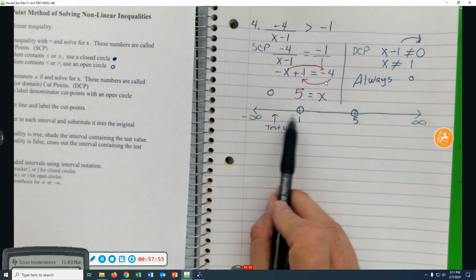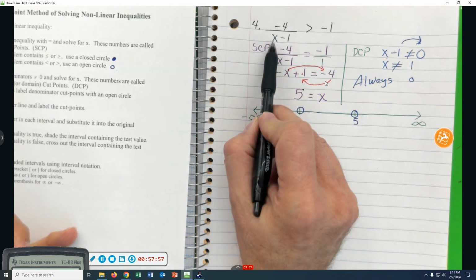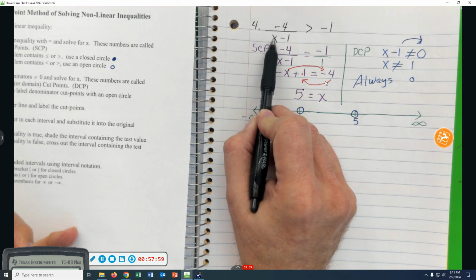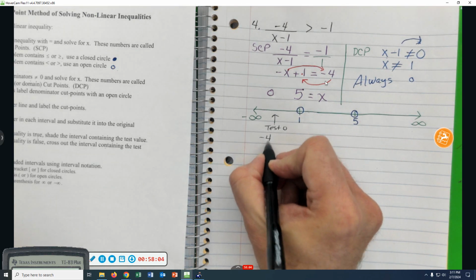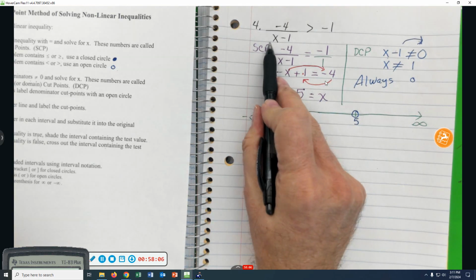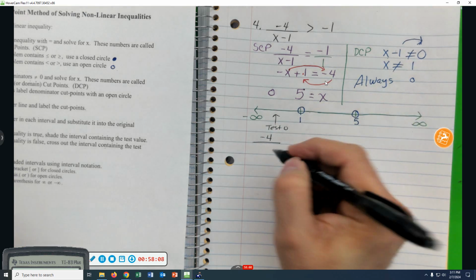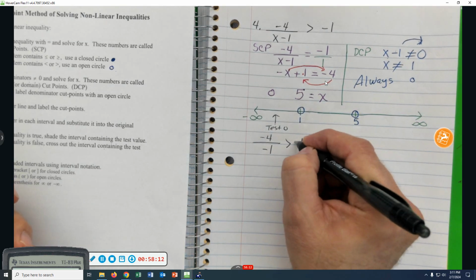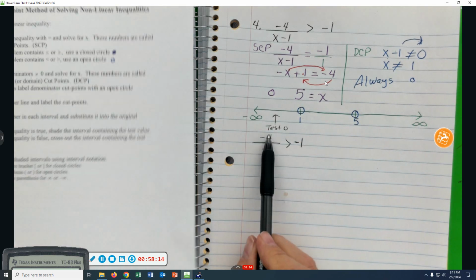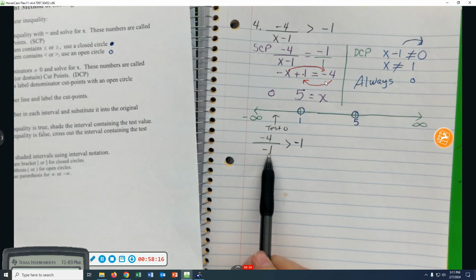But anyway, so it's this interval. If I plug in a 0 here for x, on the top I have a -4. On the bottom, 0 minus 1. Is that just going to be a -1? So we have -4 divided by -1.